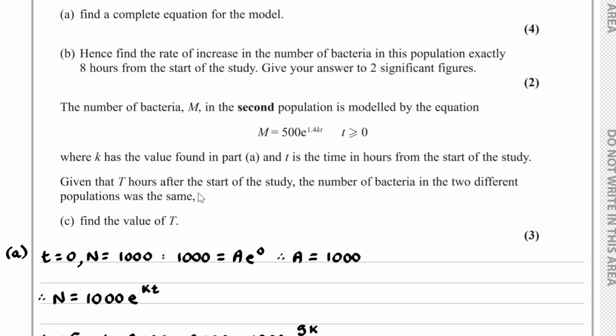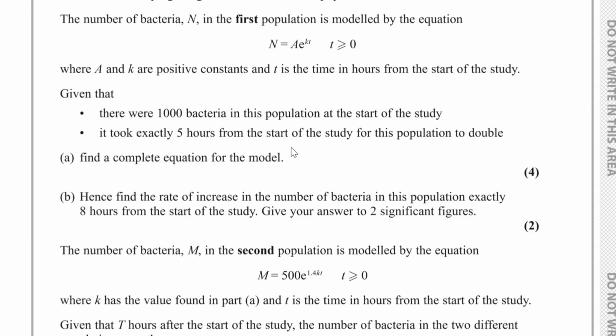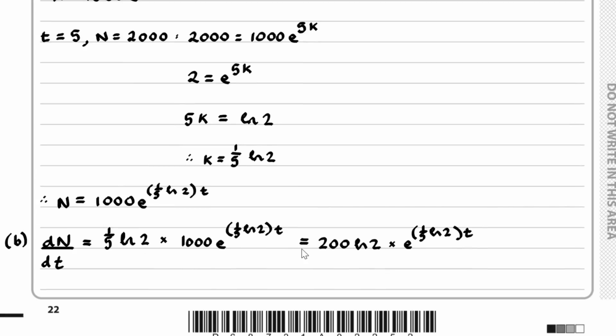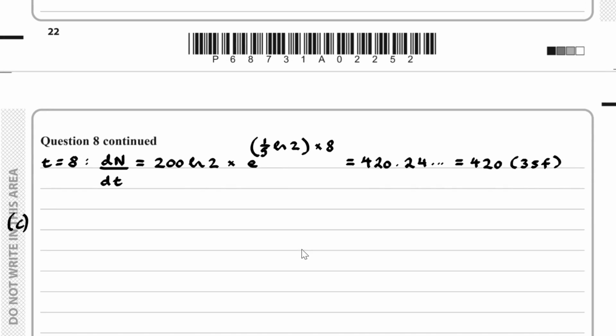Well, using our value of k and setting this equal to this, for part C, we have 500 times e to the power of 1.4 times k, and we know what k is.